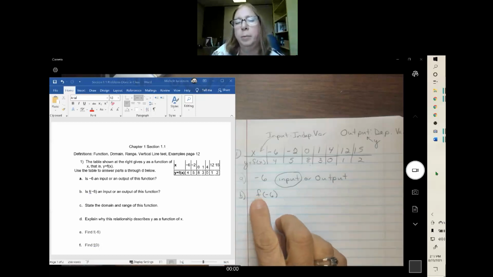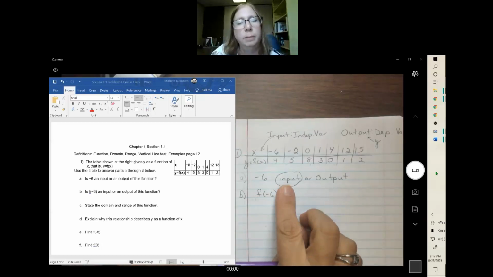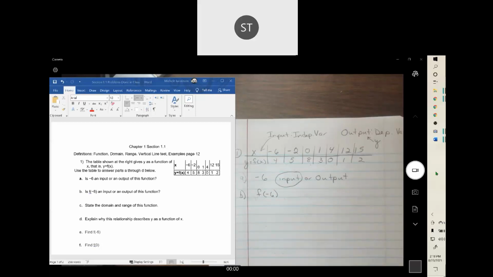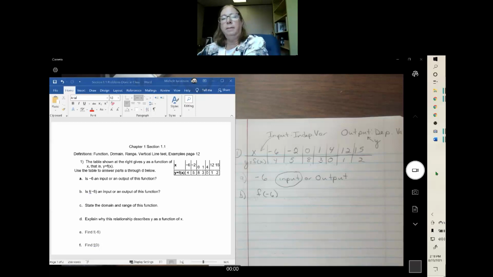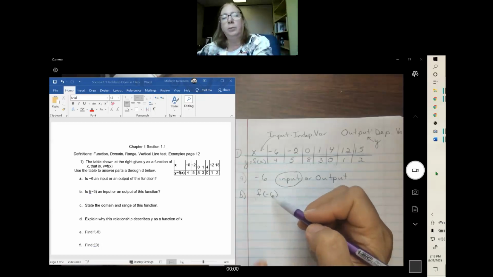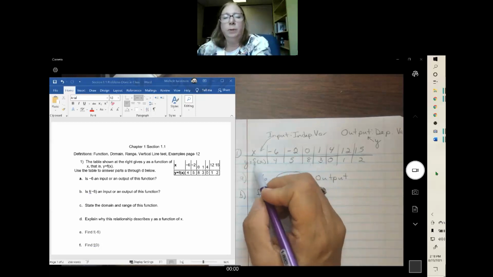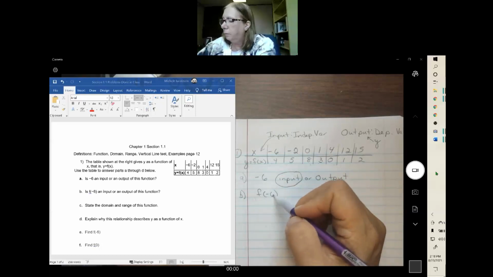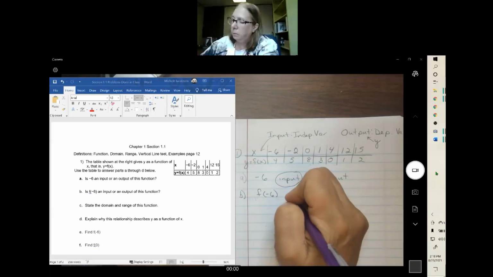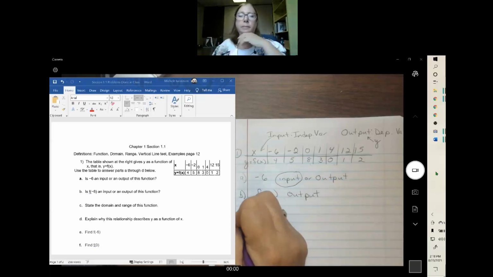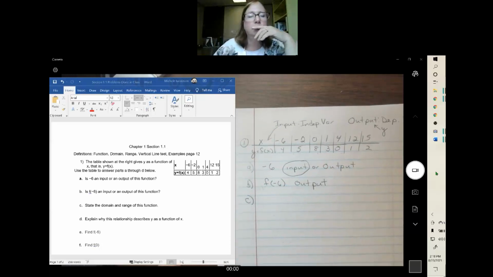Is f of -6 an input or an output? Output. Right. When it's written f of -6 or f of x, and y are interchangeable. So f of -6 gives you a y value. So this is an output. Any questions on that?